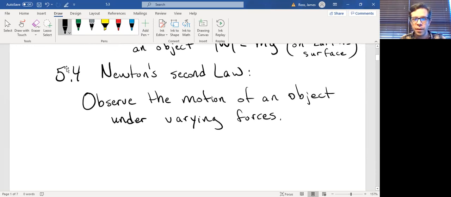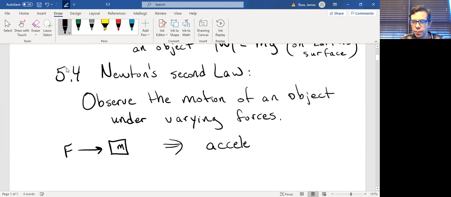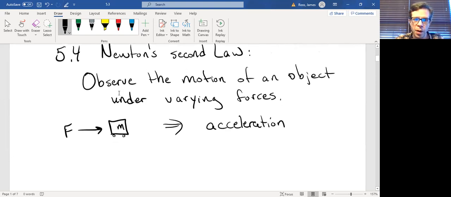So if we apply some force to some object, we observe some acceleration. Imagine this is something with wheels or something sliding on ice where we have no friction.